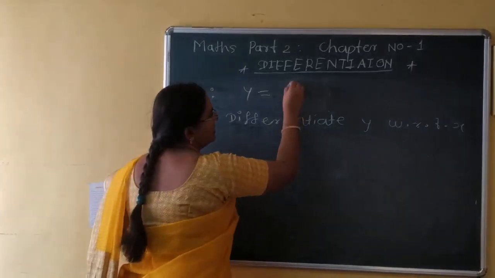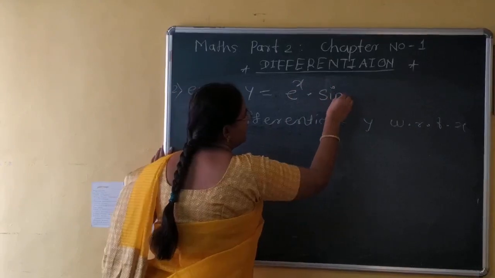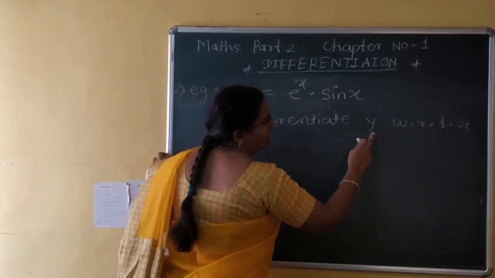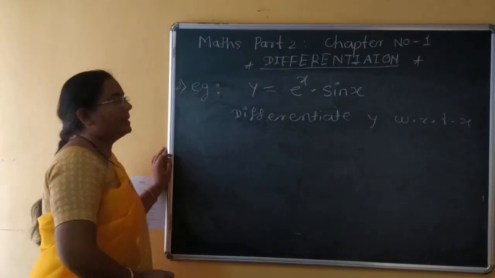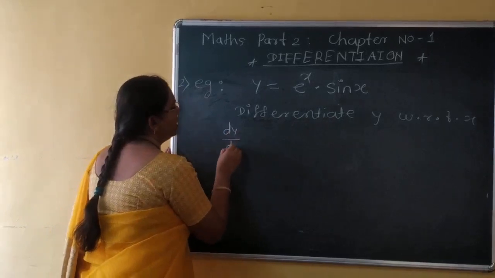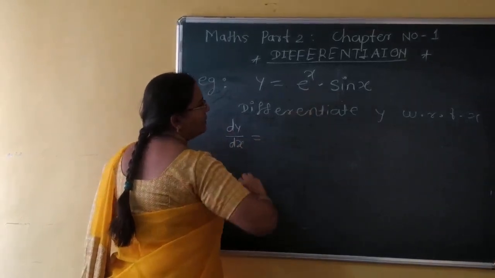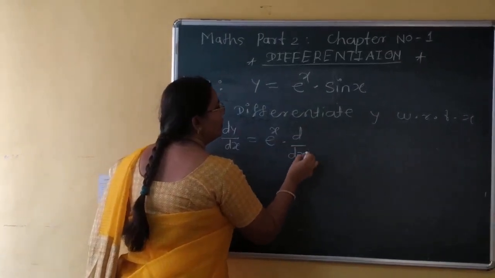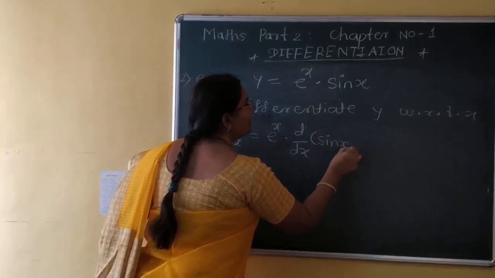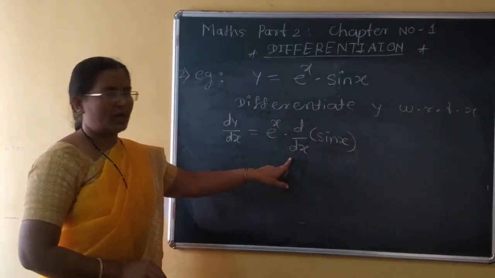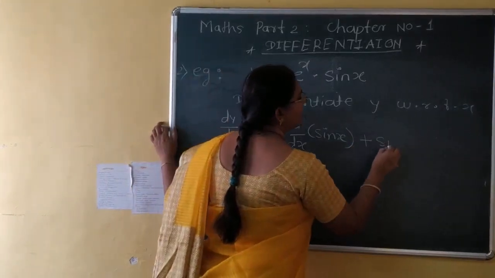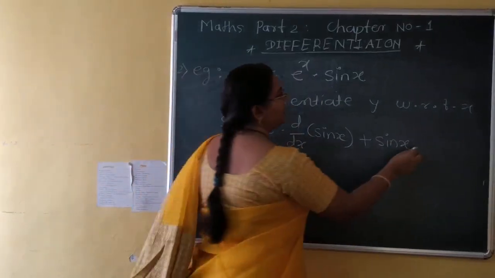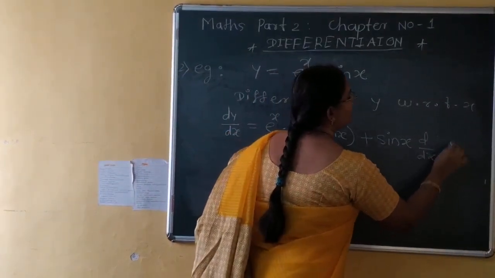Y is equal to, suppose, e raised to x into sin x. Taking the differentiation of y with respect to x, we get dy by dx is equal to: keep the first function as it is, that is e raised to x, times the derivative of the second function, the derivative of sin x with respect to x, plus keep sin x as it is, that is the second function, and take the derivative of e raised to x.